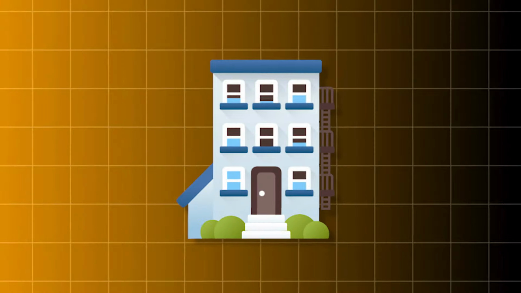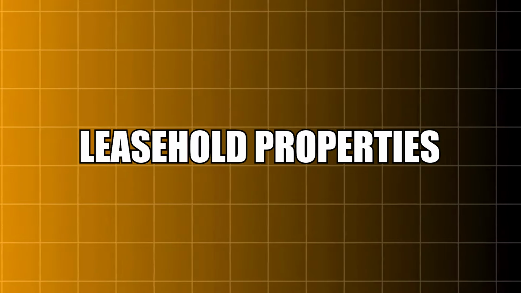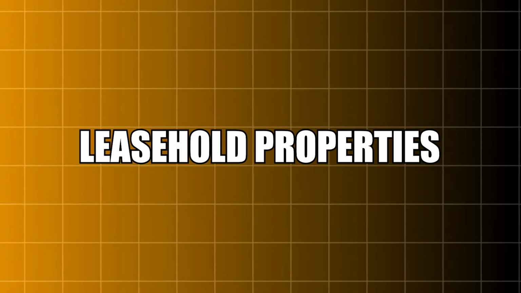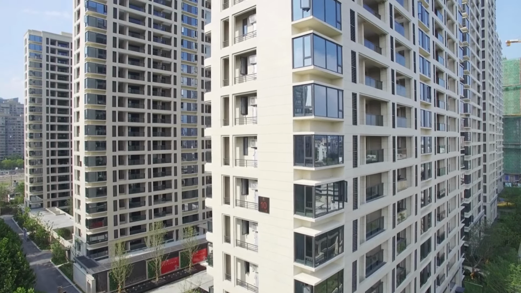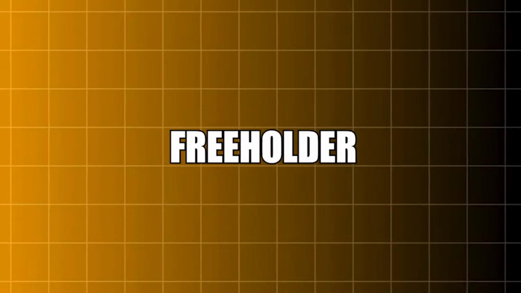So the first difference between apartments and houses is that apartments are leasehold properties. So what do I mean by that? What I mean is the apartment itself sits on land that is owned by someone else, and that person is called a freeholder.